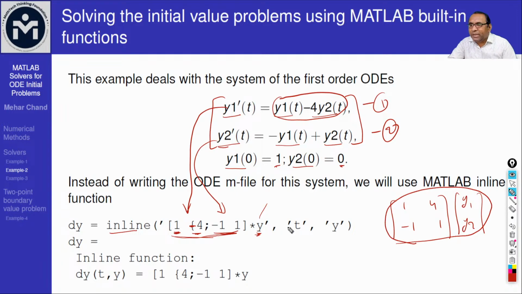Here t is the independent variable and y is the dependent variable, so always use the independent variable first, then the dependent variable. When you execute this statement, it will return dy equal to dy(t, y) equal to this one.